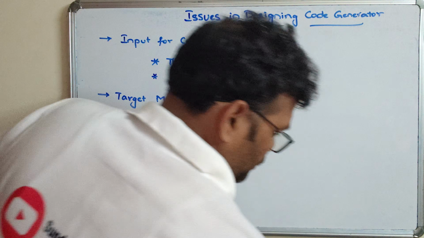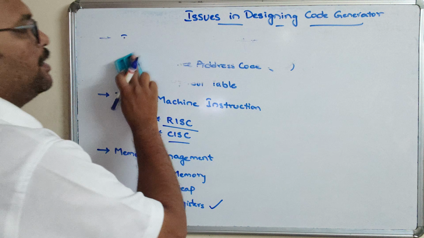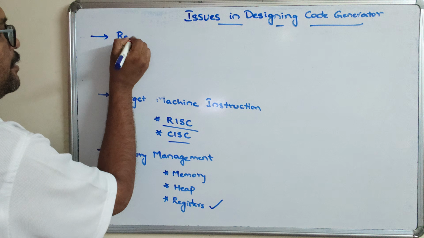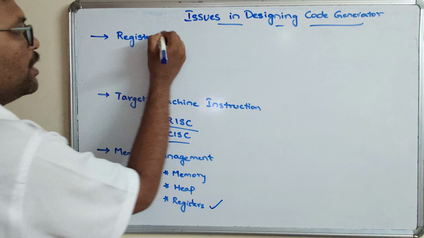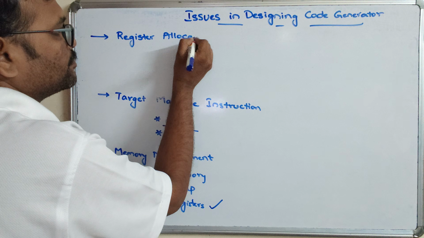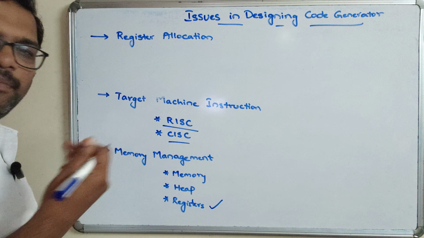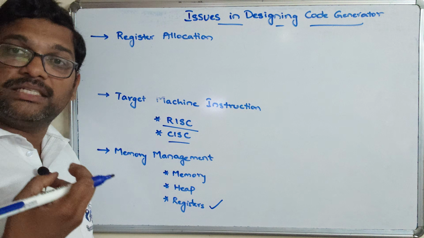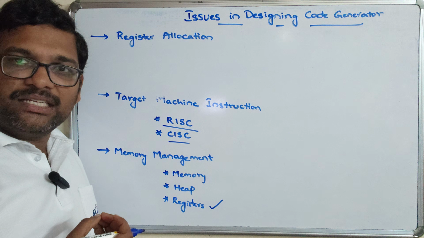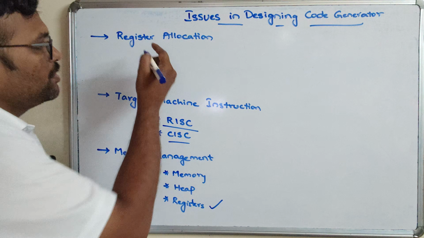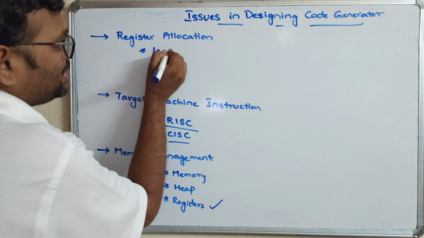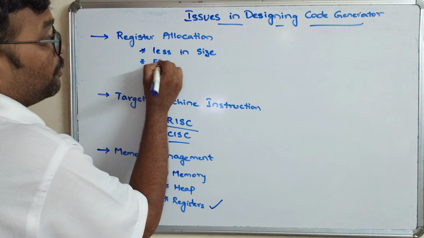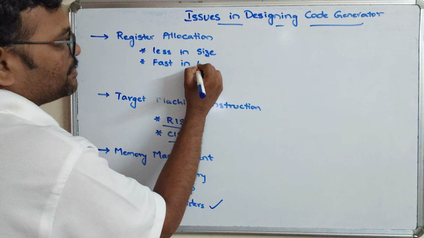Next, register allocation and assignment. We know that compared to the memory, registers are very small in size but very fast in access.